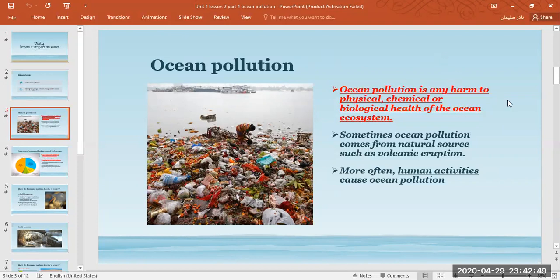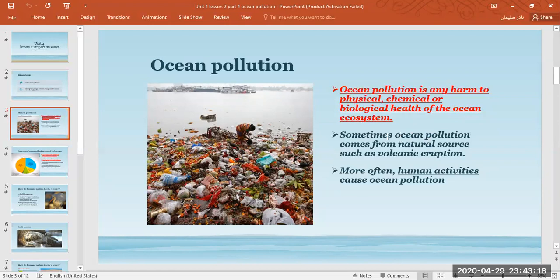It's any harm to the physical appearance, the chemical substances within the water, which may cause the water to have many toxins, many chemicals, or harm the biological health of the ocean. So harming the biological health means harming the living things that live in the ocean.